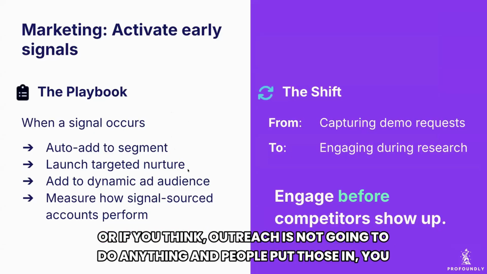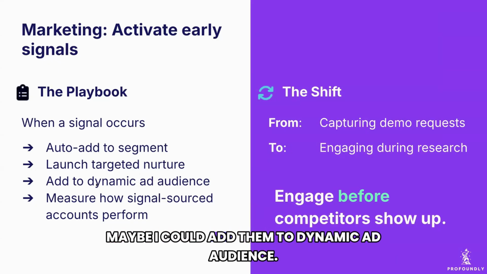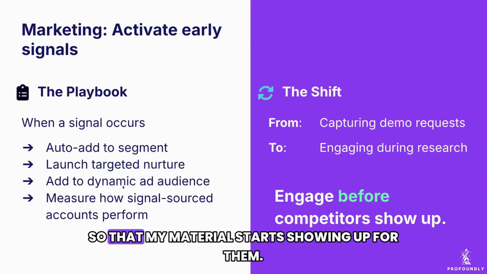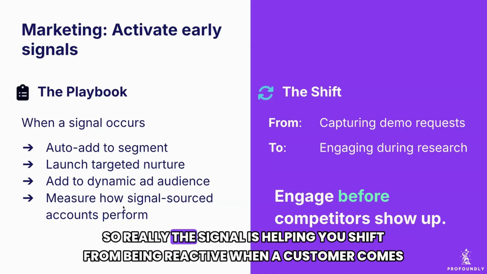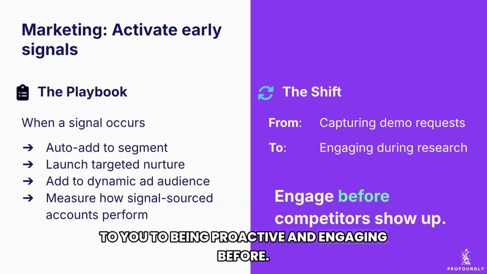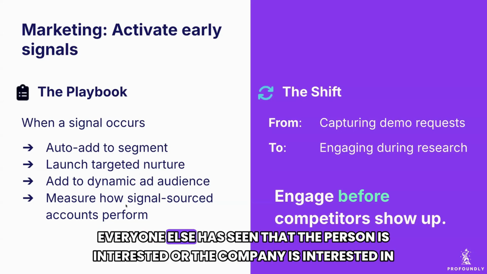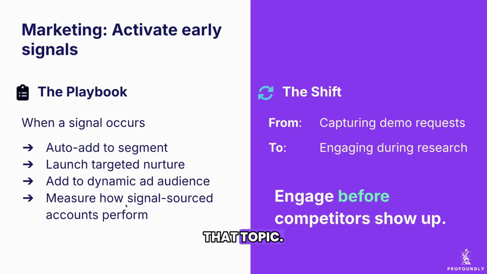Or if you think outreach is not going to do anything, people put those in, those go straight to spam, maybe I could add them to a dynamic ad audience so that my material starts showing up for them. And most importantly, you can measure how these accounts perform. So really the signal is helping you shift from being reactive when a customer comes to you to being proactive and engaging before everyone else has seen that the person is interested or the company is interested in that topic.